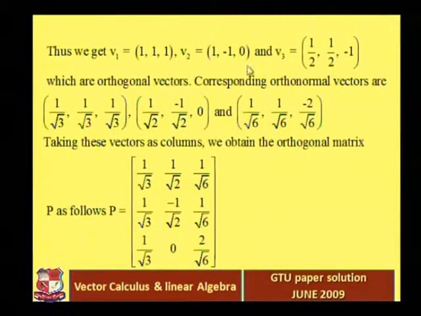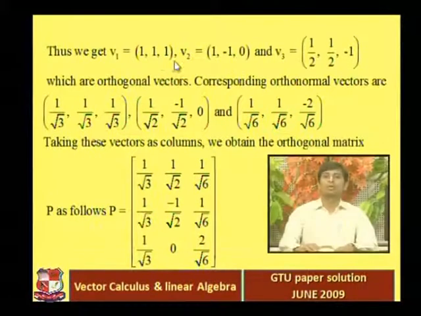To convert to an orthonormal basis, again we have to divide each vector by its norm. So you get 1 by root 3, 1 by root 3, 1 by root 3. Then divide v2 by its norm, root 2, so 1 by root 2, minus 1 by root 2, 0.